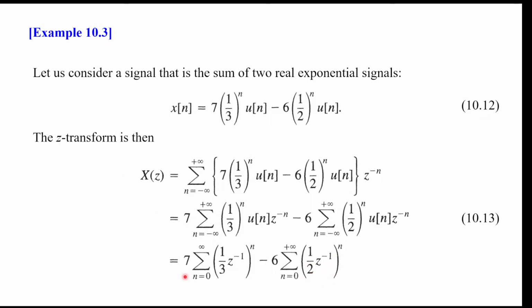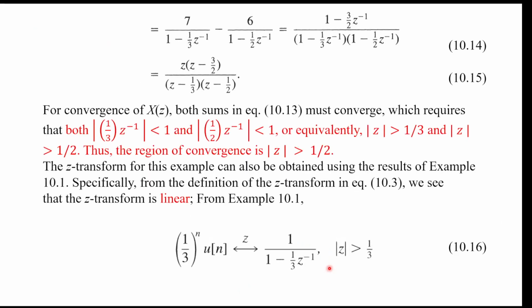For this to be convergent, basically we want both of those summations to be convergent. If both of them are convergent, then we get this complicated expression: 7 over 1 minus 1/3 z to the minus 1, minus 6 over 1 minus 1/2 z to the minus 1. Then we can calculate this out as a rational function of z to the minus 1, and this can be expressed as a rational function of z, like this.